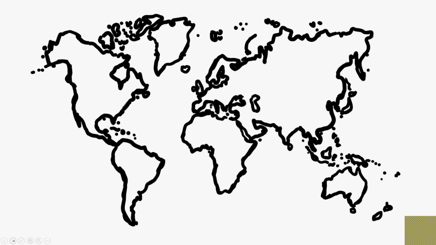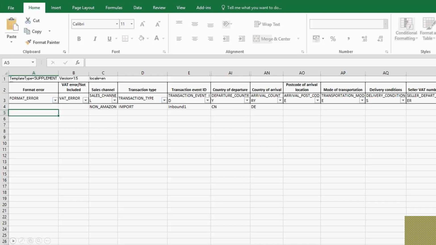So if you inbound goods from China to an Amazon fulfillment center in Germany, but the goods first arrive through the UK, then Amazon will add an import transaction to the additional VAT report, departing from China and arriving in Germany, as you can see here.